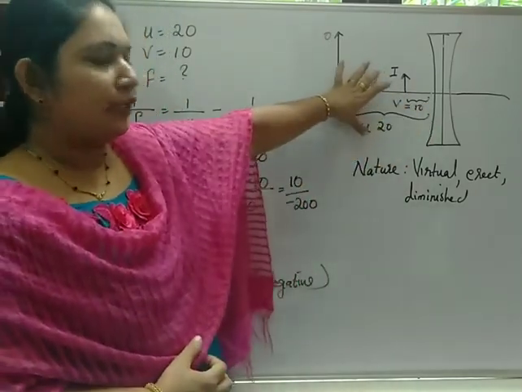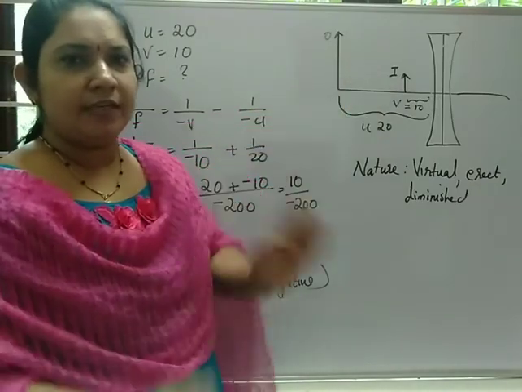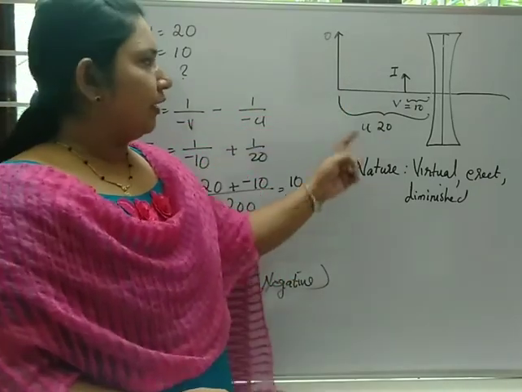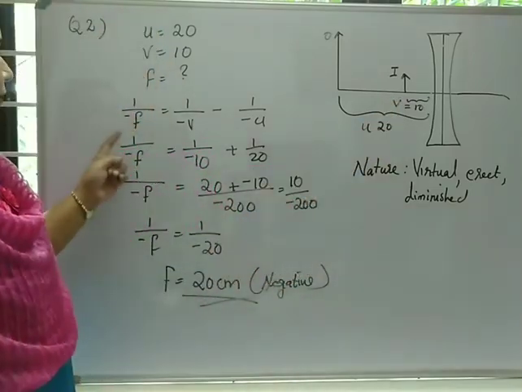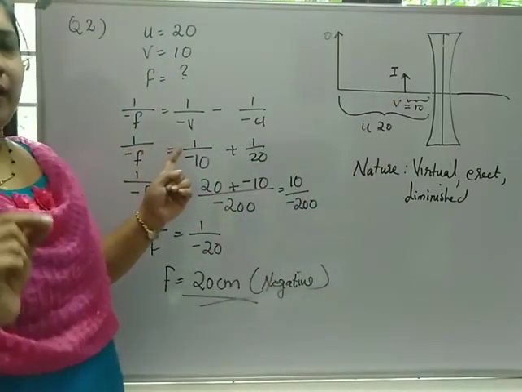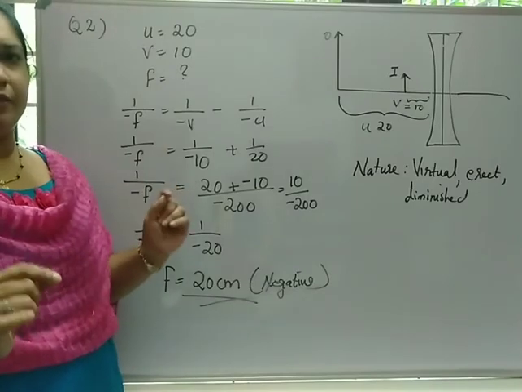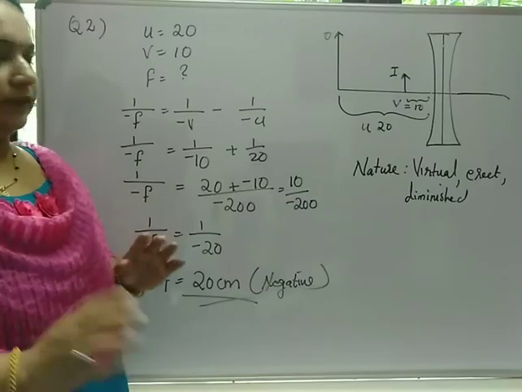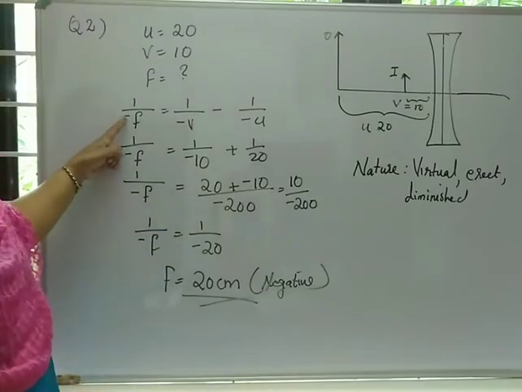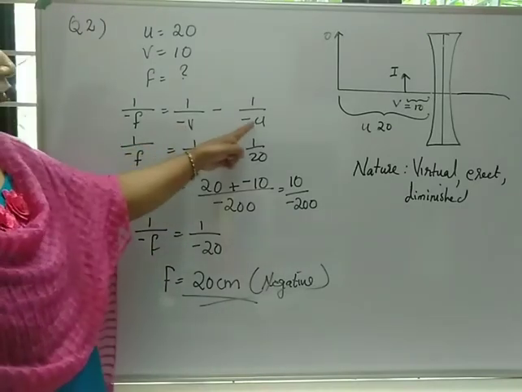Everything in front of the lens is always taken negative. So u will be negative, v will also be negative. For a concave lens, focus is always negative, that is fixed. Convex positive, concave negative. So f is negative, v is negative, u is negative.